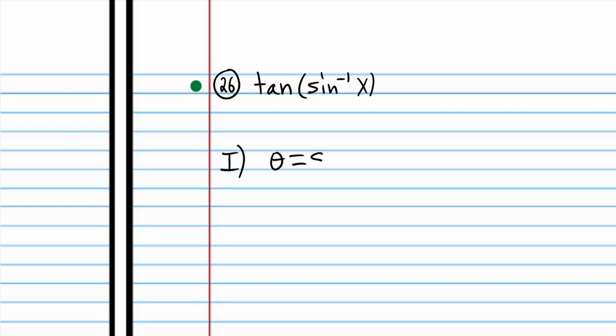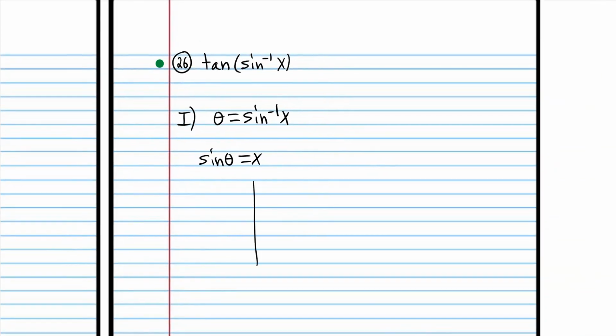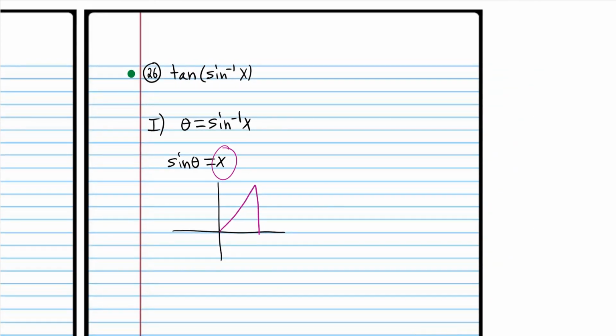So we're going to set the inside part equal to theta, and we're going to translate to a different form of the equation. And now we can draw our triangle. It's going to be in the first quadrant because x is assumed to be positive, which means that sine is going to be equal to a positive ratio, so it must be in the first or second quadrants.